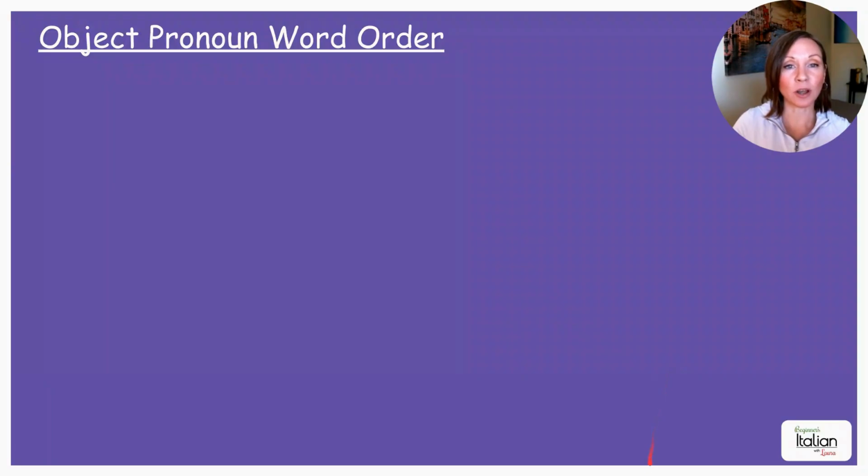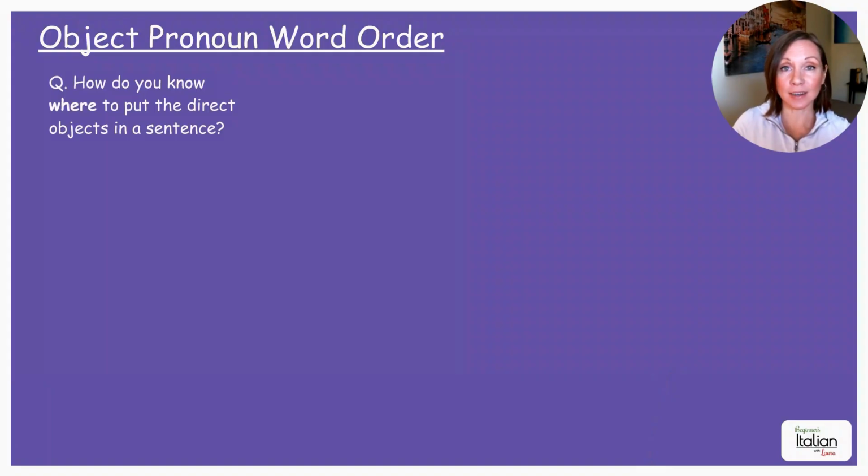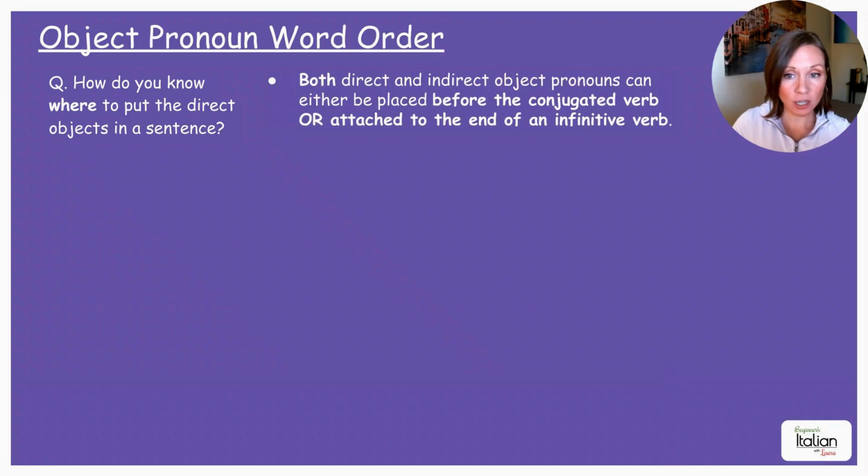Okay, object pronoun word order. How do you know where to put the direct objects in a sentence? So both direct and indirect object pronouns can either be placed before the conjugated verb or attached to the end of an infinitive verb. For example, you can say, "Ti posso aiutare?"